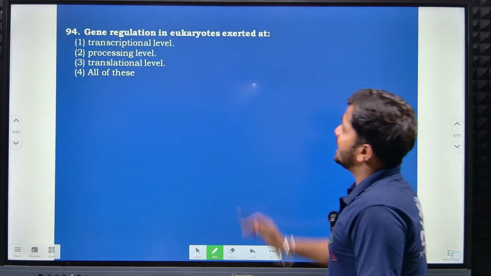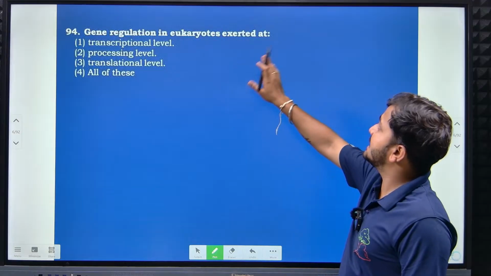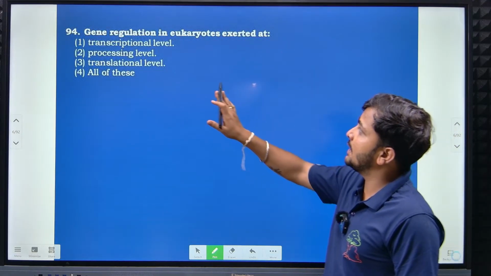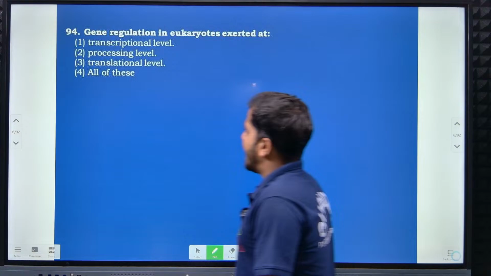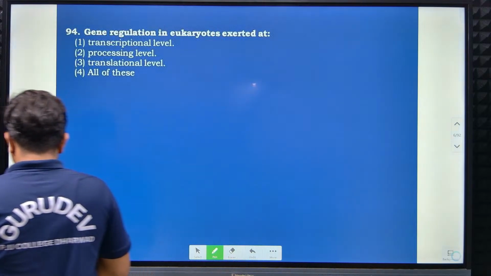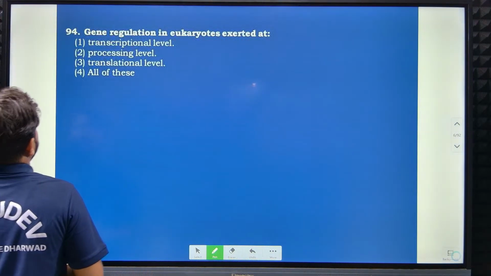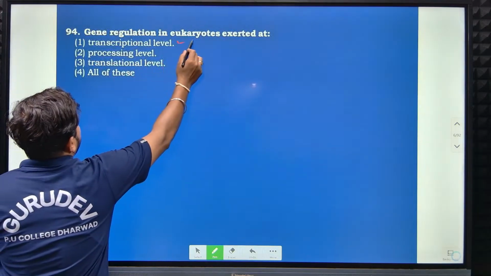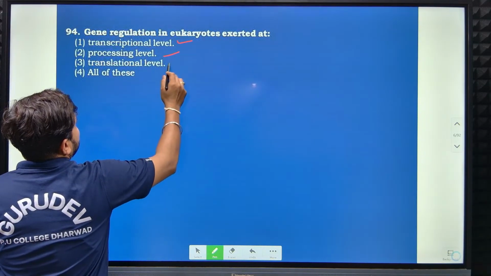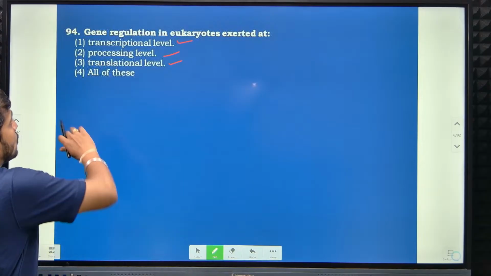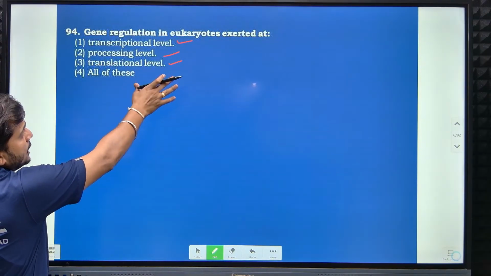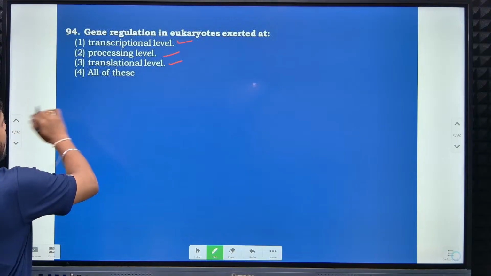Then gene regulation in eukaryotes is exerted at, right? If you consider overall, it is the transcriptional level, the processing level and the translational level, right? So overall gene regulation in eukaryotes is exerted at all of these, right?